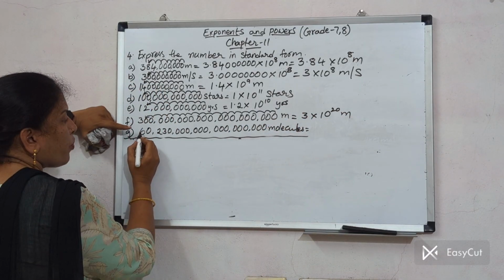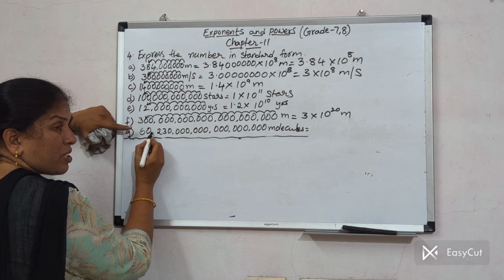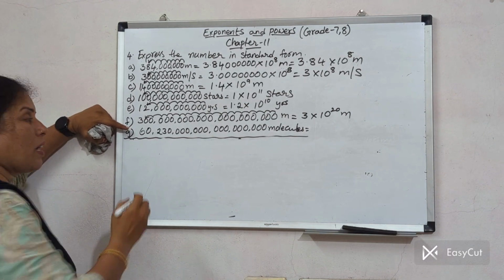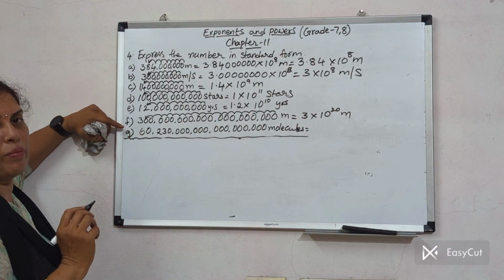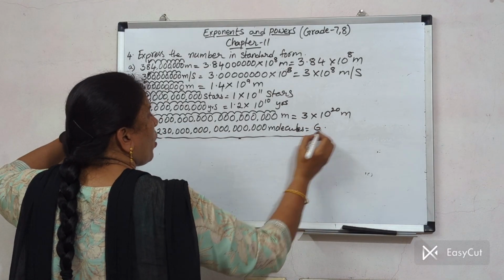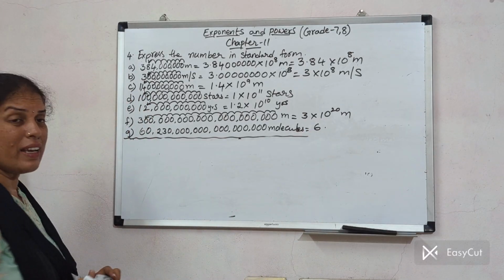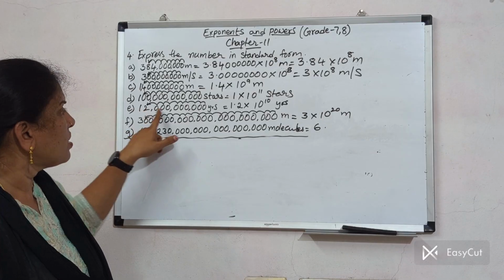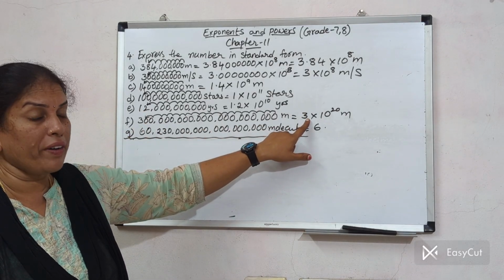Now, I am keeping the point here and here. Where should we keep it? We must keep the point, ma? 6 after, 0 before. Compulsory, after 6 you must keep a point. Okay. So I am writing 0.6 point. See here, children, here all zeros are there, that's why I didn't write zeros. Here all zeros are there, that's why I didn't keep the point also.